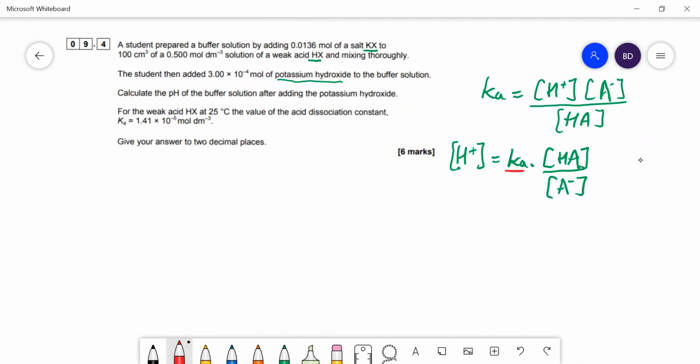It's dependent on the value of Ka, and it's dependent on the value of this ratio of the weak acid to its conjugate base. All right, Ka they give us, but we need to find out what this ratio is here. Okay, so let's work out the initial moles of each thing then. Let's say the start moles of HX.